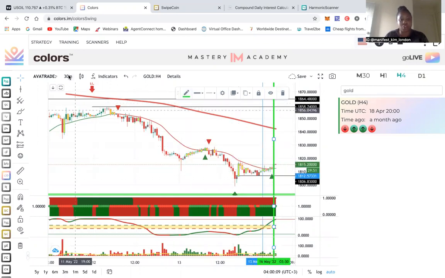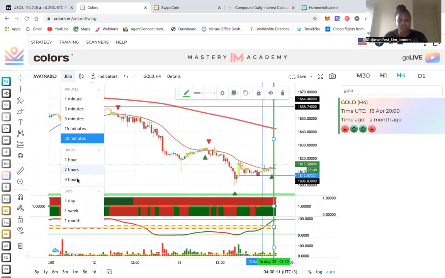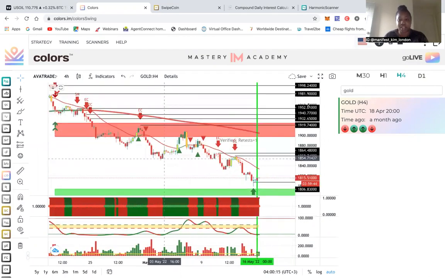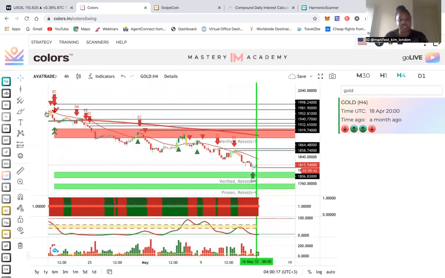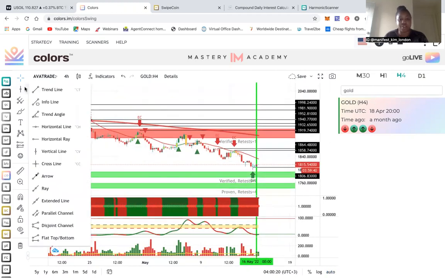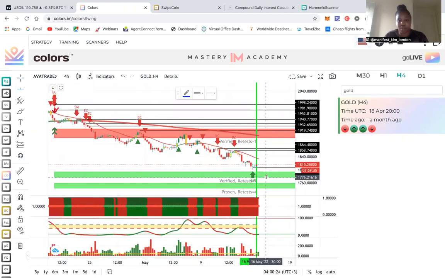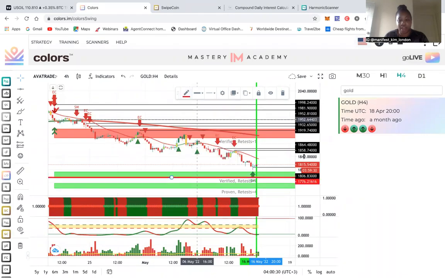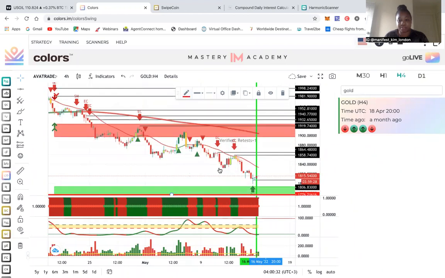What we're going to do is go back to the 4 hour, guys. And this is what we're going to be doing. Our stop loss goes underneath the green box right here. We're going to make this red. And look at this, guys.